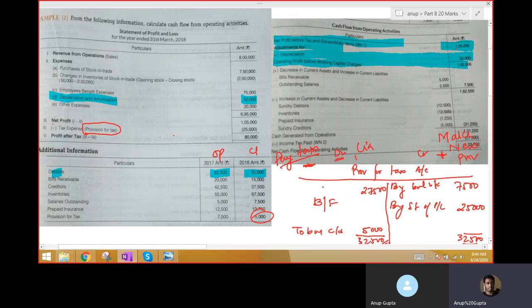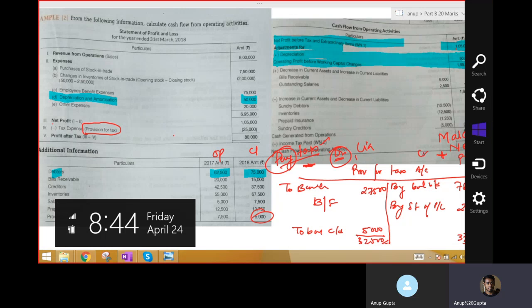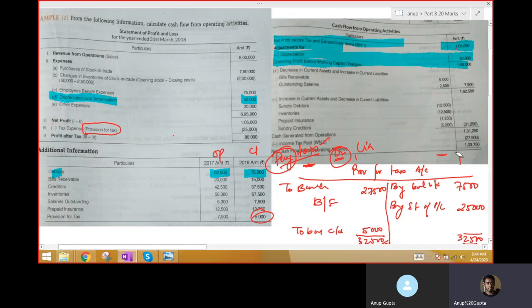So the balancing figure on the debit side means tax paid. And how will you pay tax? To bank. This tax paid will be recorded here, 27,500.